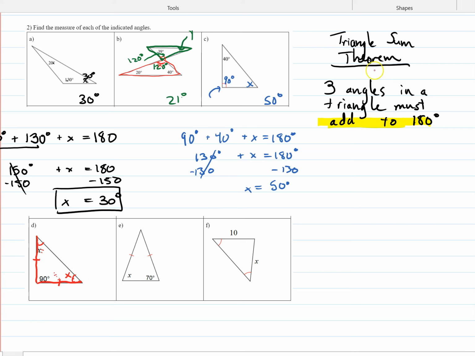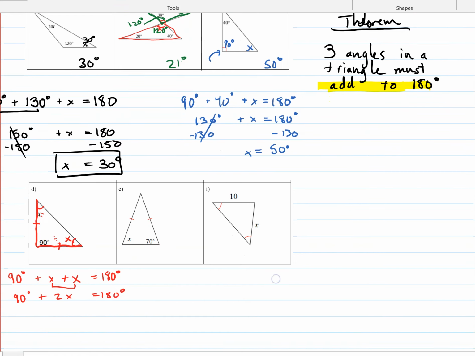Then we use the triangle sum theorem. 90 degrees plus x plus x equals 180. So combining like terms, this is 90 degrees plus 2x equals 180.